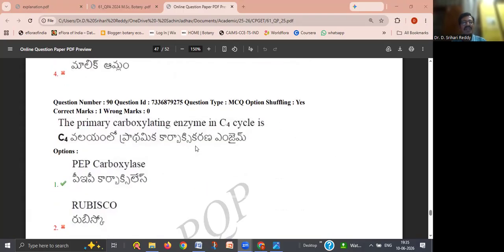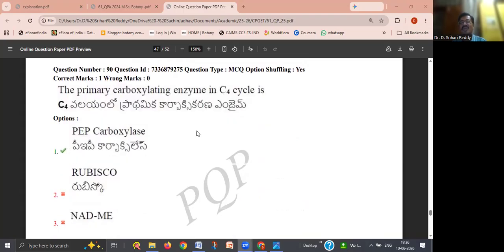Next, the primary carboxylating enzyme in the C4 cycle. So now they asked: the first product in the C3 cycle is 3-PGA, and what is the first product in the C4 cycle? OAA, oxaloacetic acid, a 4-carbon compound.